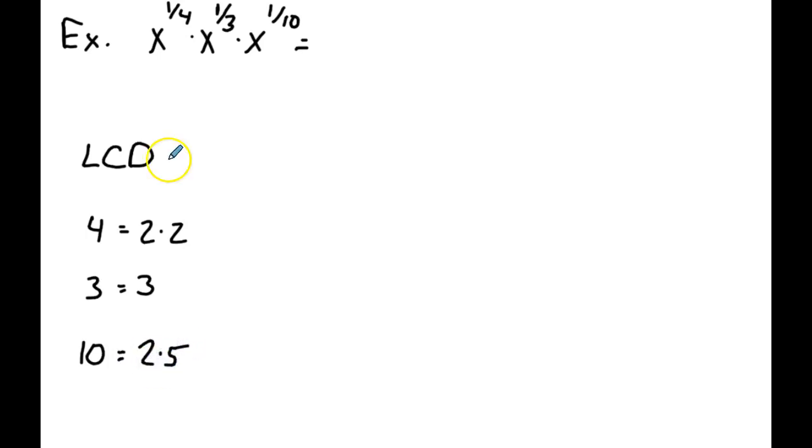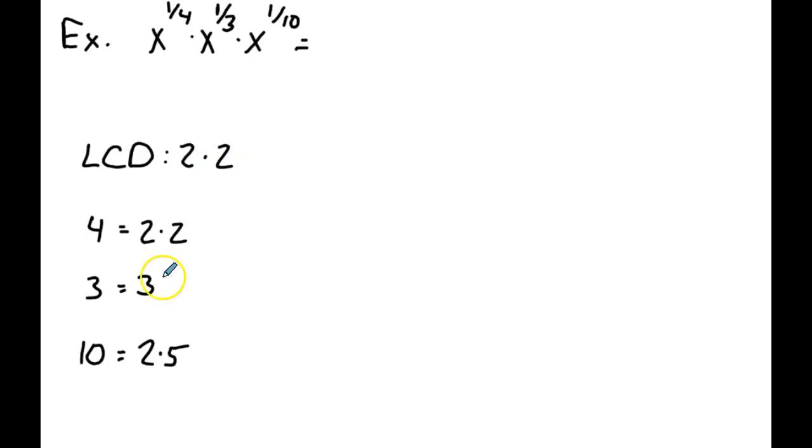So if we're looking for the least common denominator, we have to take each of these factors and write the number of times that occurs the most in any of our denominators. So for instance, if we start with the 2, this factor 2 occurs twice for our factor 4. In 3, it occurs 0 times. In 10, it occurs once. We have to take the most it occurs in any of those factors. So it occurred twice, that was the most. So our least common denominator needs 2 factors of 2.